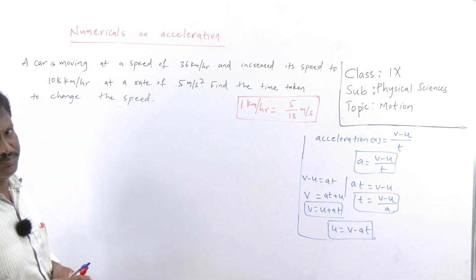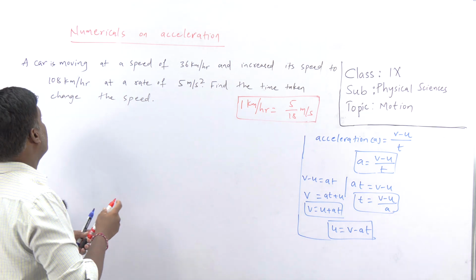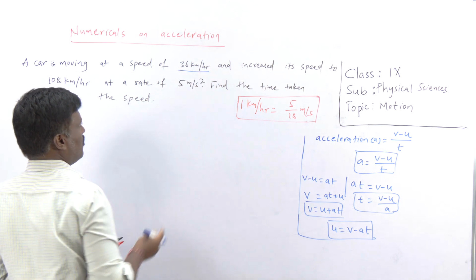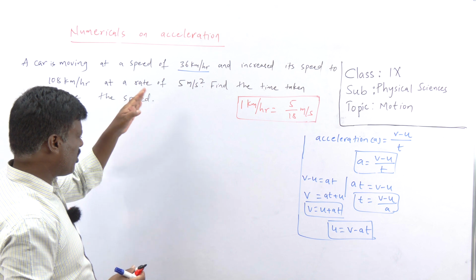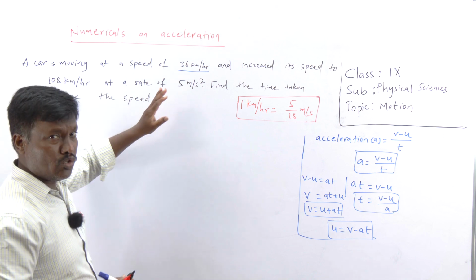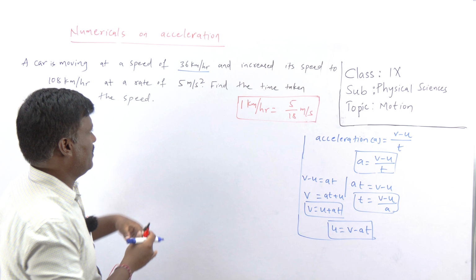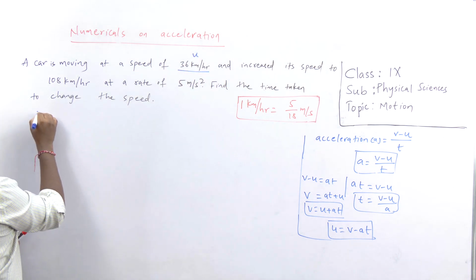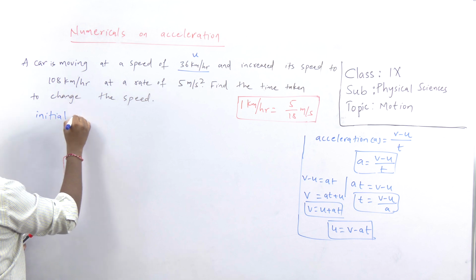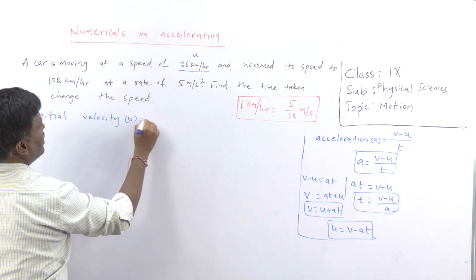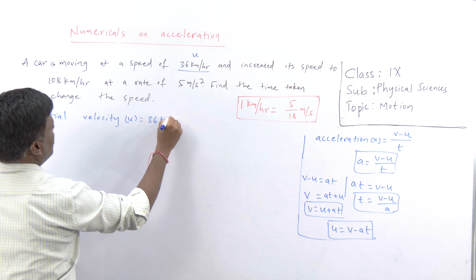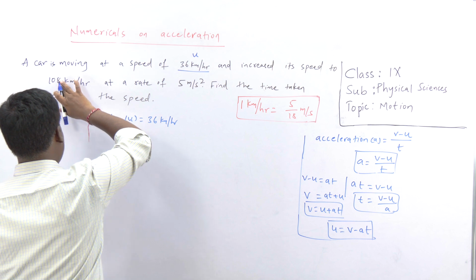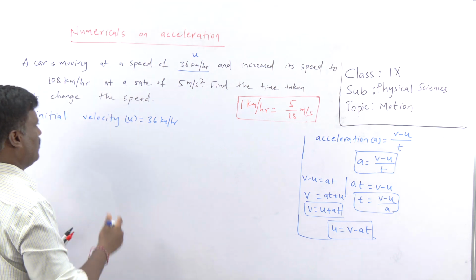This is the problem. Okay, so the car is moving at a speed. When we are looking at the car on the road, it is moving at this velocity. What is this? Initial velocity. So initial velocity u is equal to 36 kilometer per hour, and its speed increased to 108 kilometer per hour.